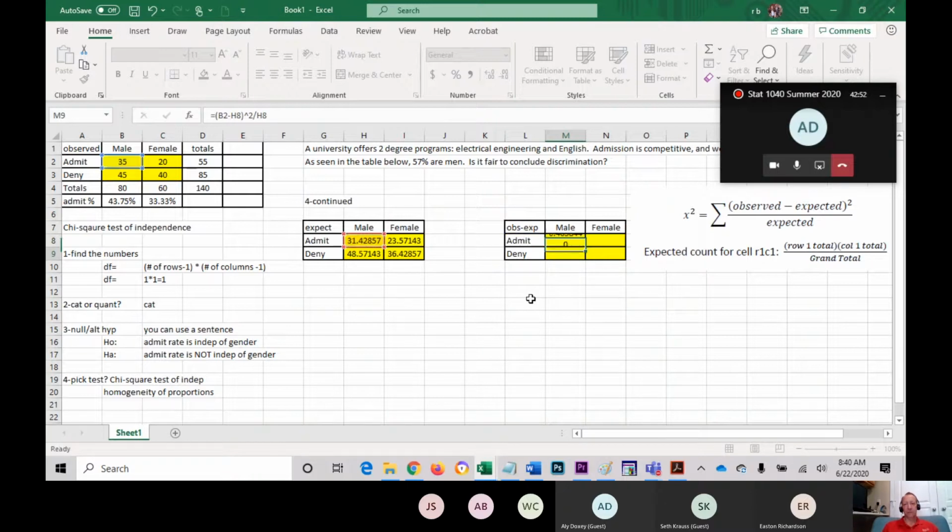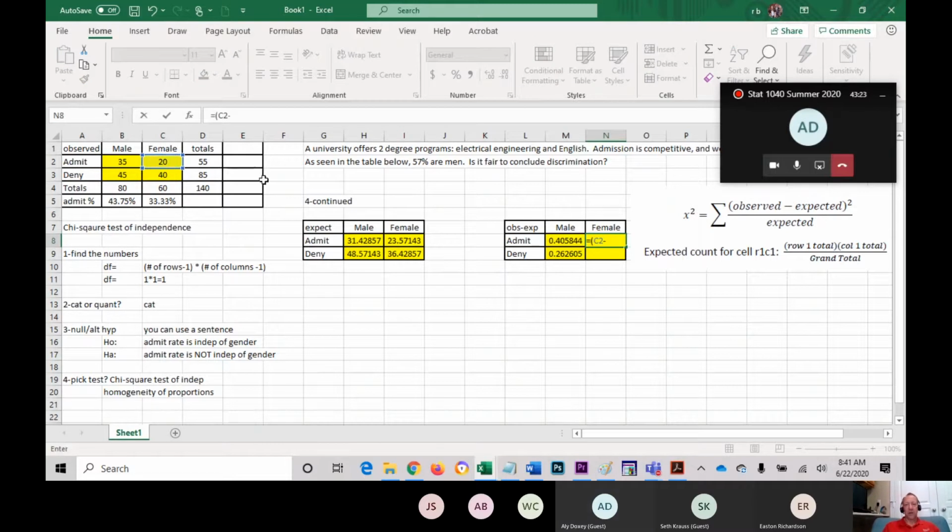I'm going to do the same thing here. I'm going to take the observed. I observed 45 were denied. I'm going to subtract off the 48.5 that were expected, square that, and divide it by the expected. Once again, I'm going to do the same thing. I observed that 20 females were admitted.